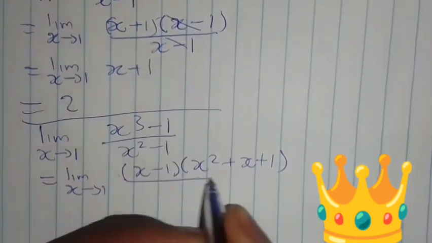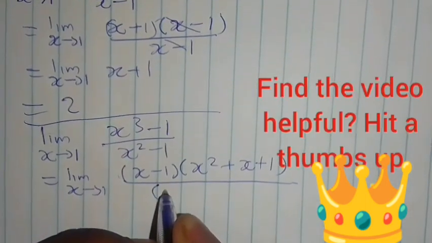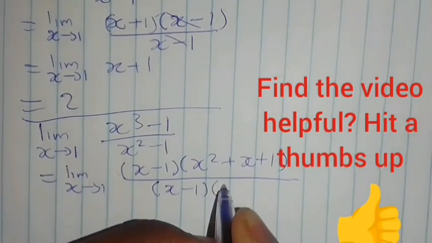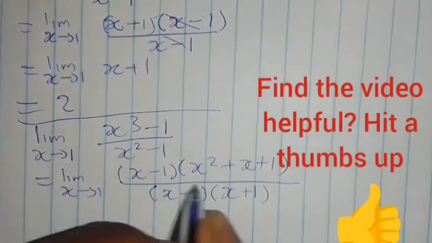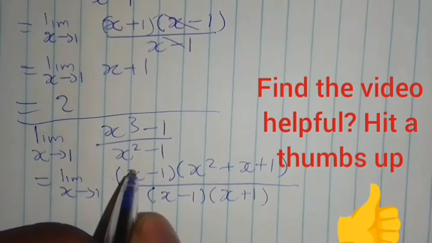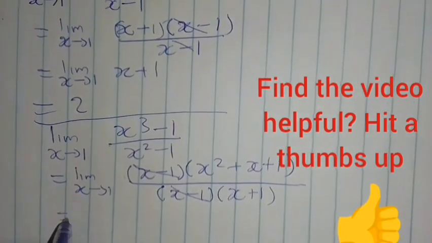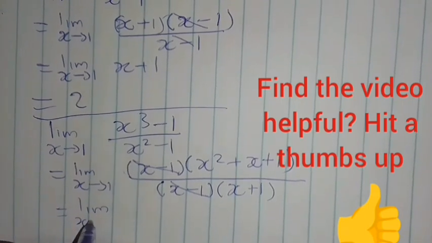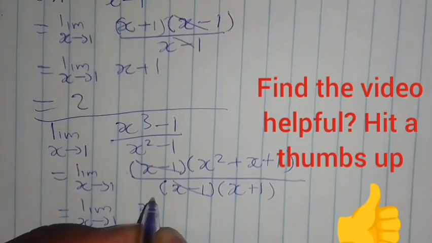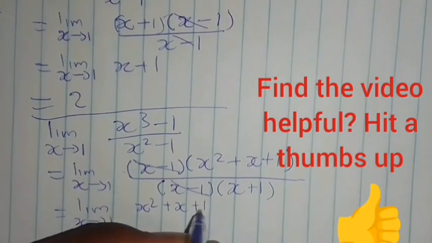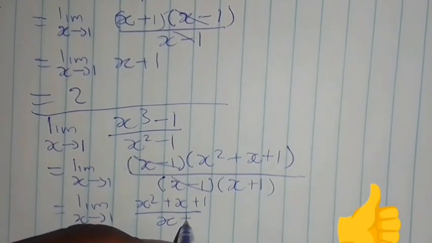And in the denominator, you're going to have x minus 1 into x plus 1. So now this will cancel this, and you'll just have the limit when x goes to 1 of x squared plus x plus 1 divided by x plus 1.